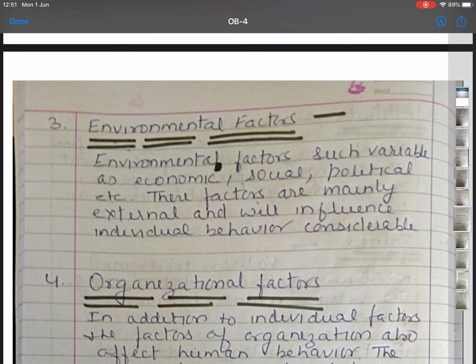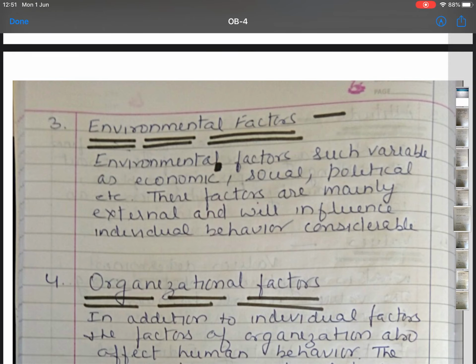I'm starting with the first external factor, that is the economic factor. The economic environment is an important determinant of individual behavior. All work is performed within an economic framework. The concept of economic environment is a synthesis of several factors like employment level, wage rate, economic outlook, and technological changes.